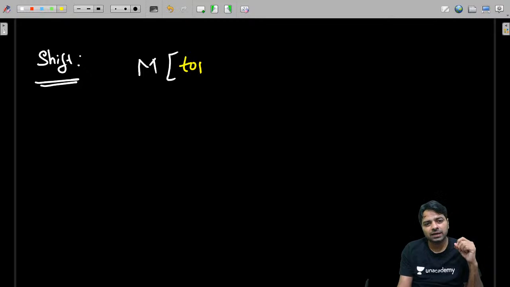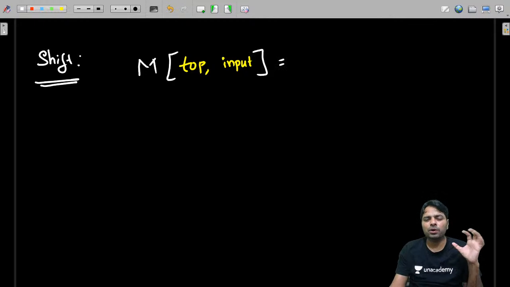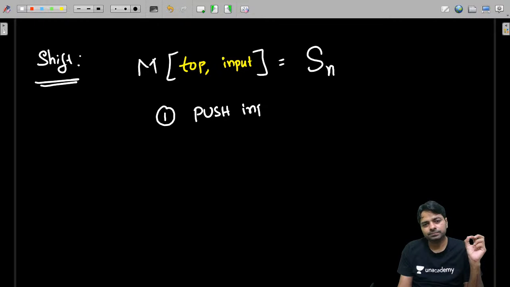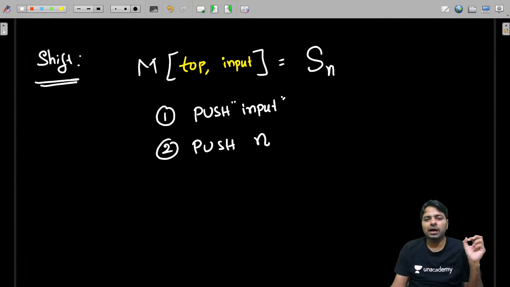This is the top of the stack and this is the input symbol. You will get some action like S N. Then what do you do? First operation is push input, and second push N, and after pushing the input, immediately increment the pointer to the next symbol.